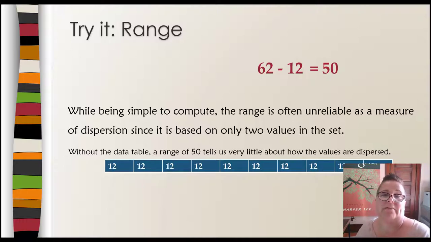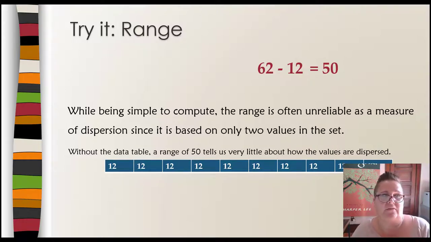Look, for example, at this same data set in blue. It's not the same as the original one. It's slightly different. But if you look at the lowest number, that is indeed 12, and the highest number is 62. So the range of this data set is 50. But if you look a little closer, you will see that we have 9 12s and a 62.